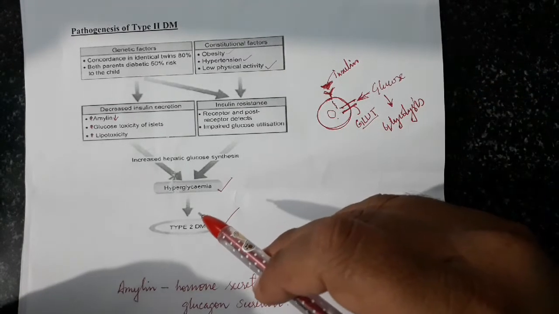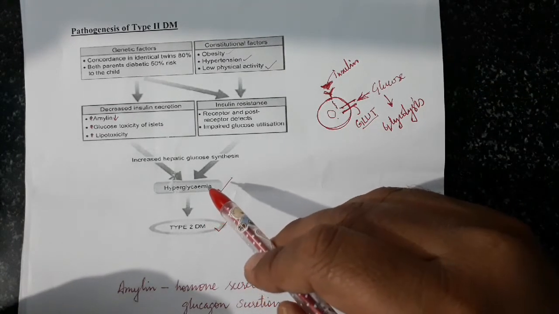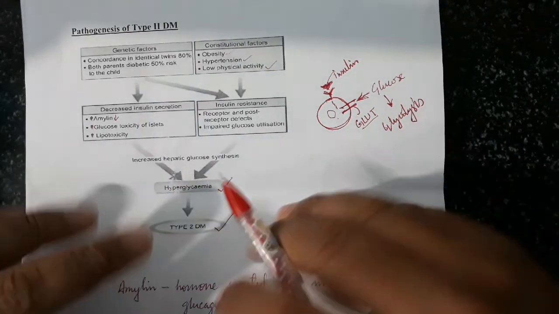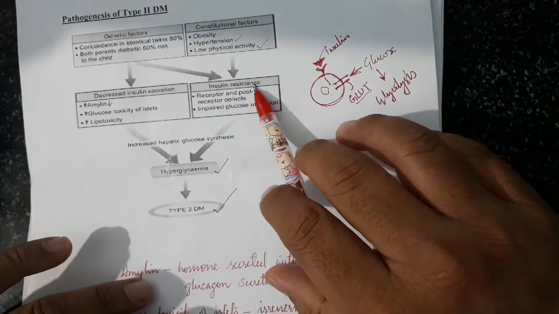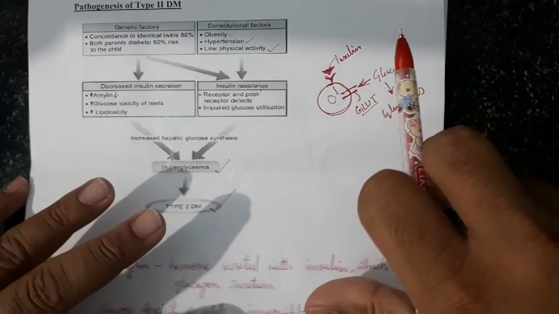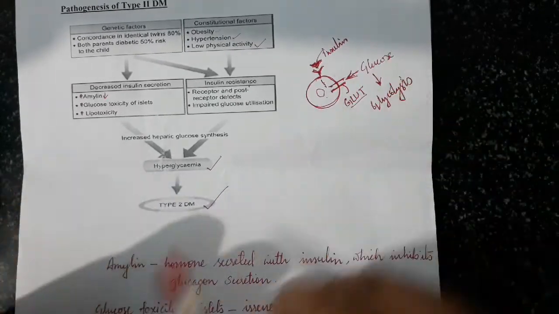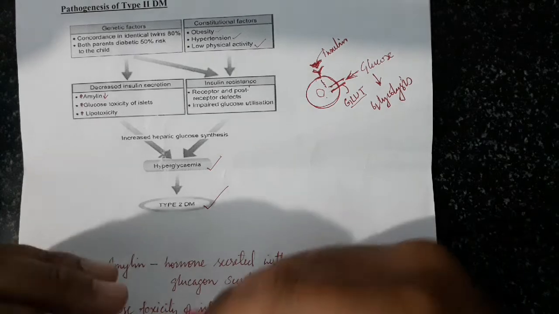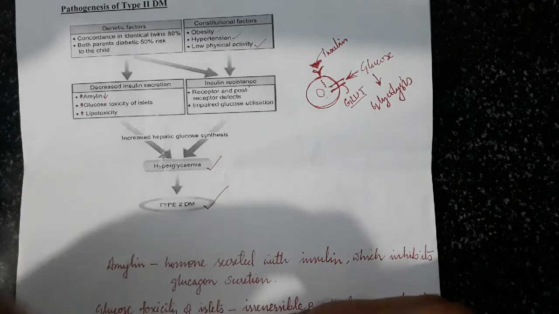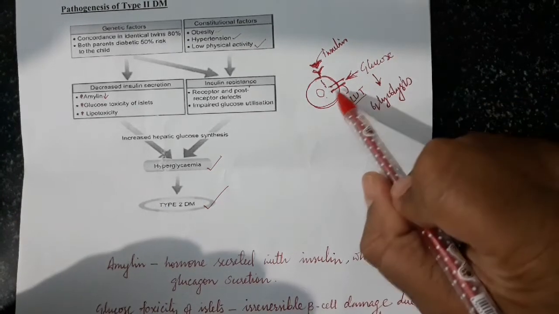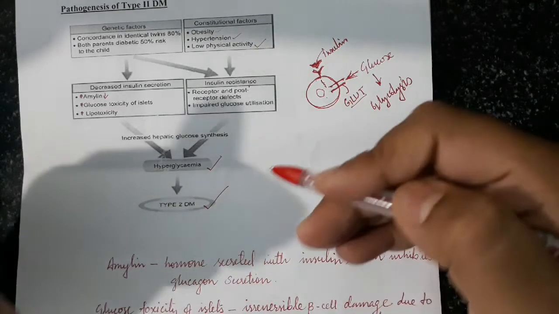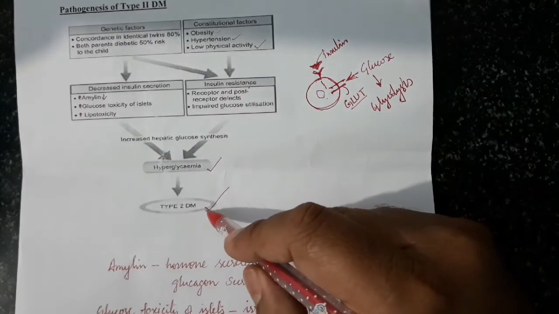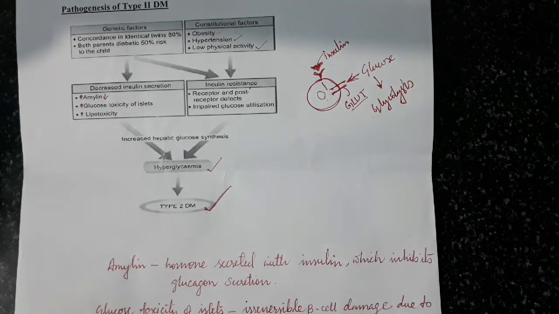So this keeps on increasing the blood glucose levels, which leads to hyperglycemia, and this generally happens because of insulin resistance, where your insulin production is normal but the tissue becomes resistant. The tissue cells are not responding to insulin, they are not able to open, the blood glucose is not going inside and not getting utilized. So because of this particular word, insulin resistance, it is type 2 diabetes mellitus.